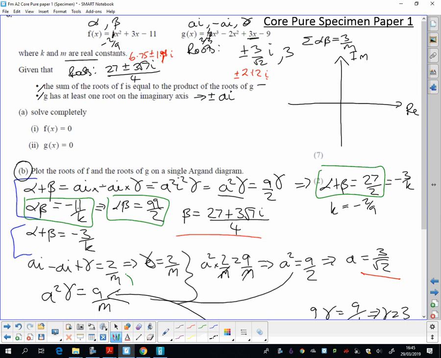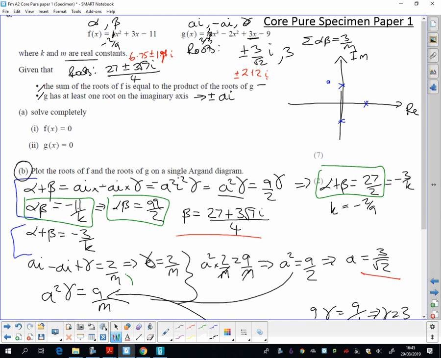So if we do the roots of g(x) first, because they're just going to be on the axis, we're going to have one there and one there, and then we're going to have a 3. My scale has now gone different on the real and the imaginary, so let's try and make those roughly the same. So we have one there, and one there.